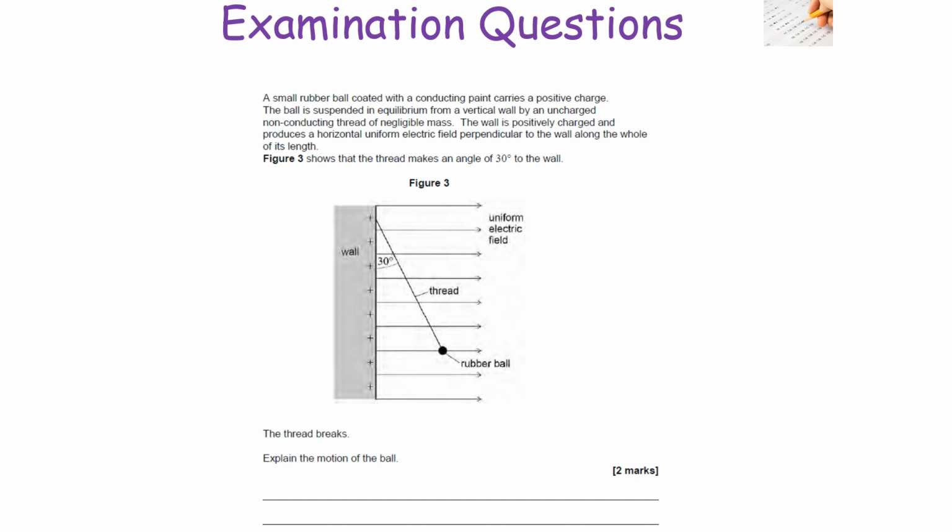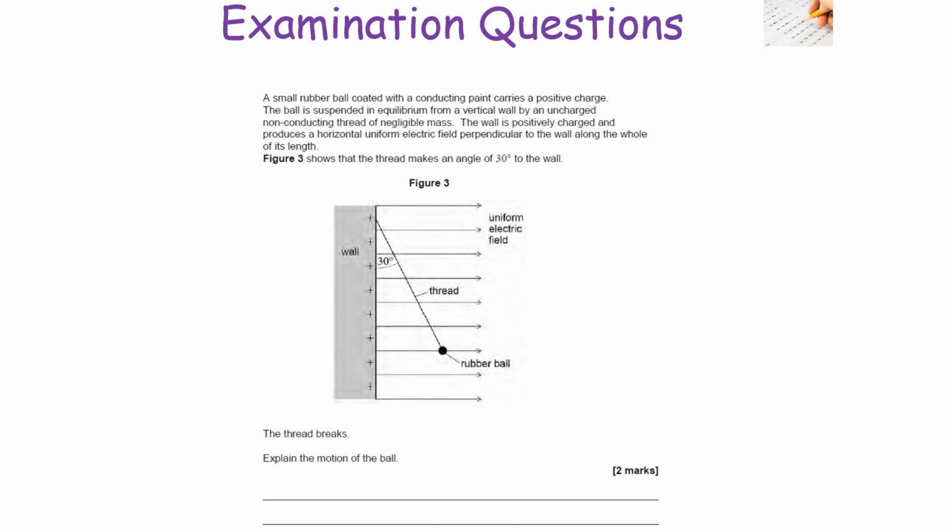Right, so what's going to happen is that when the thread breaks, there are two forces acting on the ball. You've got a charged ball with a positive charge, so it's going to follow the electrical field lines in the horizontal, so the ball is going to accelerate horizontally to the right hand side, but because it's now falling, it will also accelerate vertically downwards due to the force of weight.